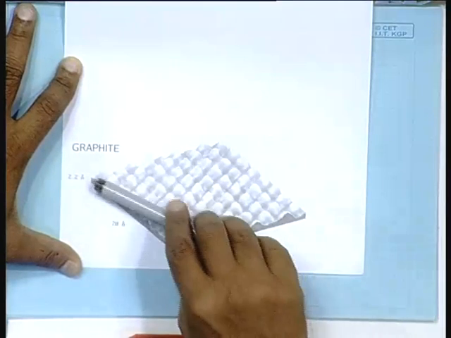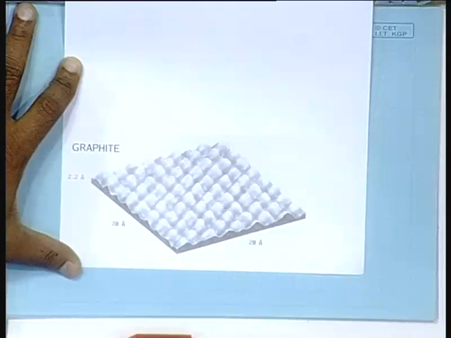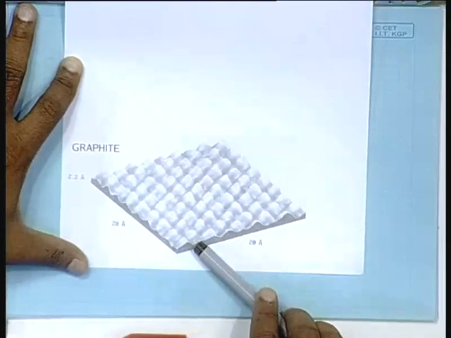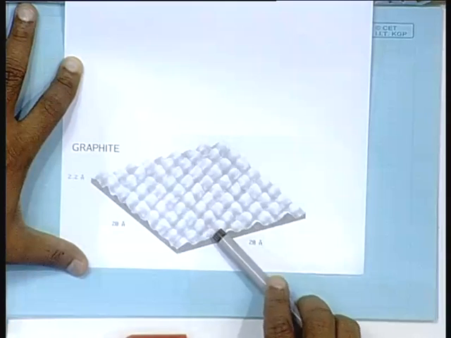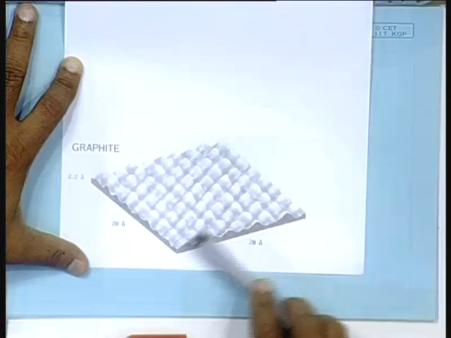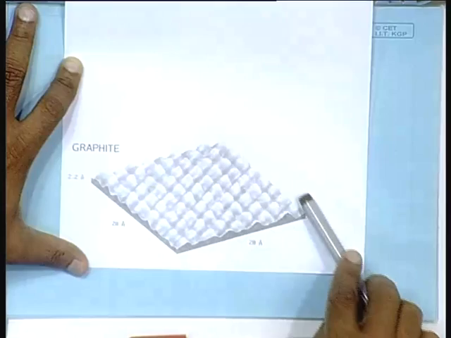The thickness, the small dimension over here, is 2.2 angstrom. And what you see in this picture is the location of the carbon atoms. The undulations that you see are the locations of the carbon atoms in the graphite sample.